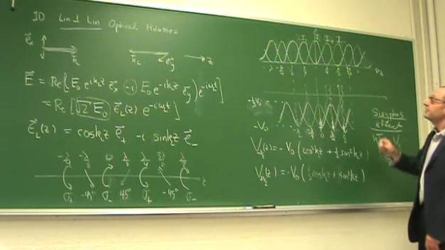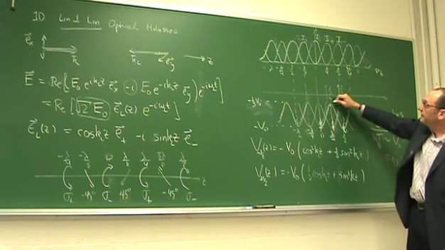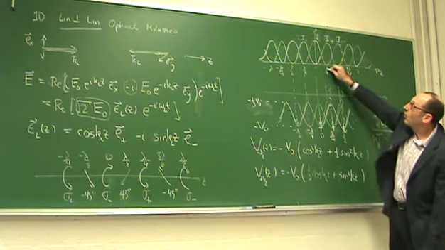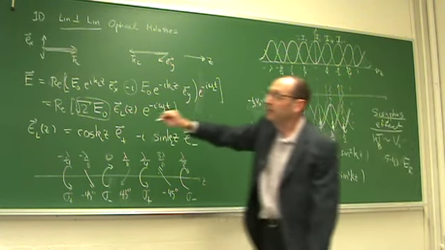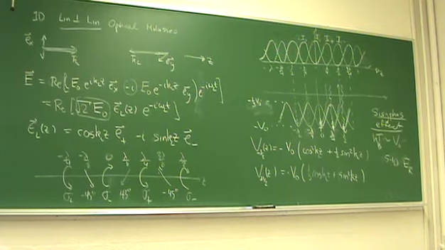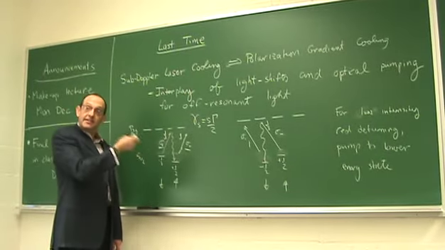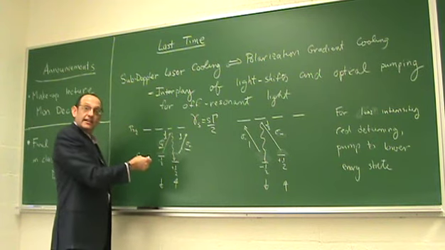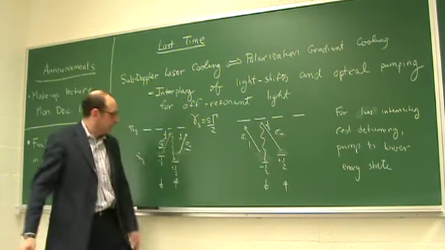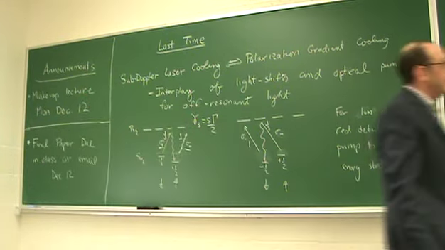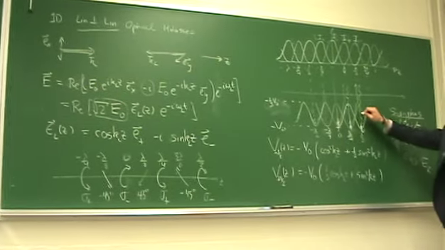But the process is such that when all of a sudden this atom finds itself a quarter wavelength over, it finds itself in the presence of predominantly sigma plus light, in which case the atom will optically pump from spin down to spin up. And all of a sudden it will be in this potential well.